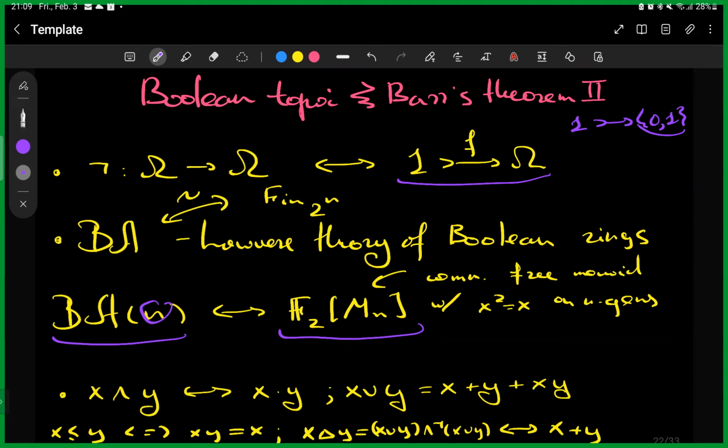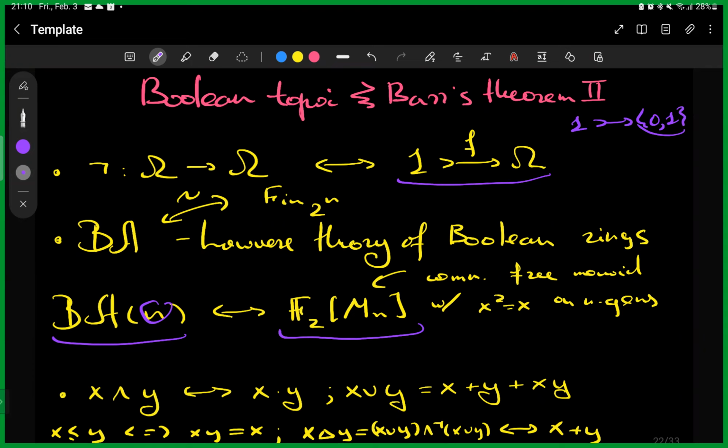Another way to define this category is to consider the category of finite sets of cardinality 2 to the power of n, and it can be seen that these produce equivalent categories of algebras always. So the basic idea is that these monoids with idempotence encode the algebraic structure on power sets of n element finite sets.